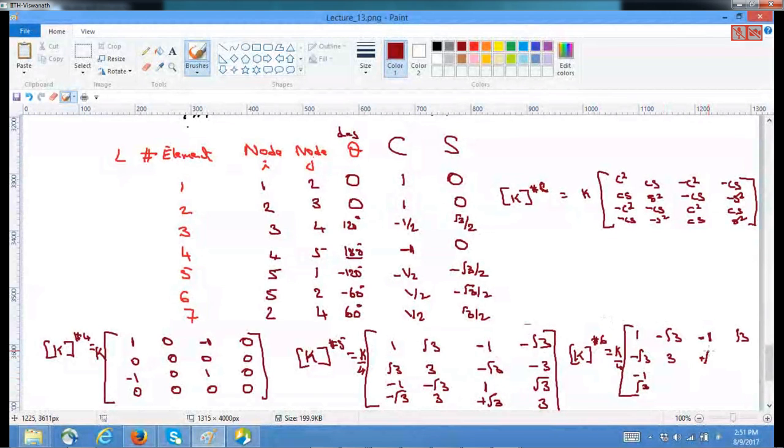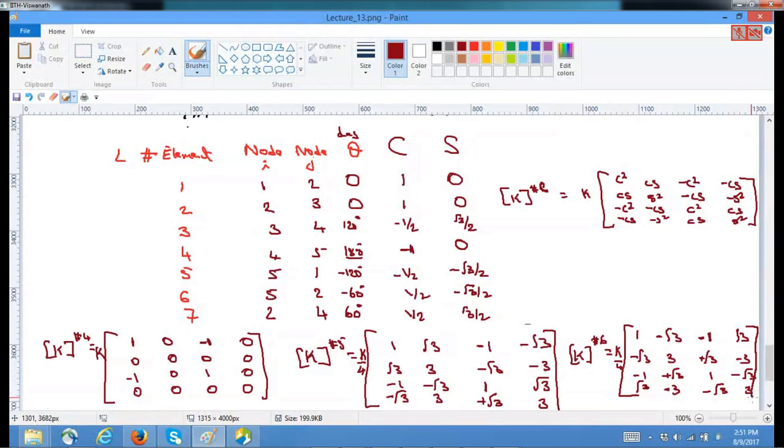Again by symmetry, this is plus root 3 and this is 3 and minus 3 by symmetry, and this would be plus 1 and minus root 3, and this would be again minus root 3 by symmetry, this is 3 by symmetry. So this is my k6. So this is how I have derived k1 through k6.